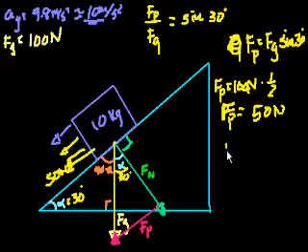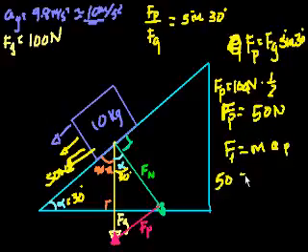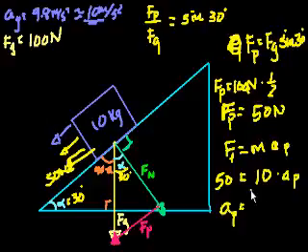Well, F equals ma. So we could say force in the parallel direction is equal to mass times acceleration in the parallel direction. So 50 newtons is equal to 10 kilograms times the acceleration in the parallel direction. So divide both sides by 10, and you get the acceleration in the parallel direction is 50 divided by 10, 5 meters per second squared.